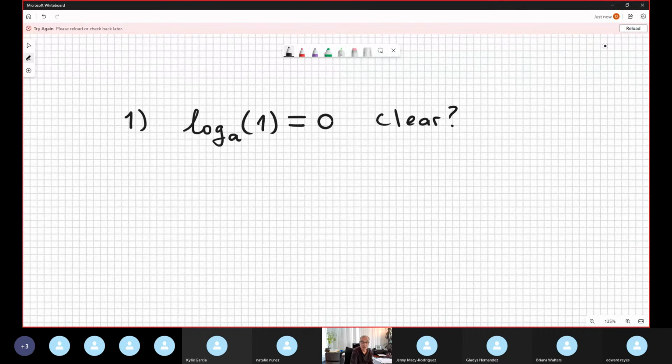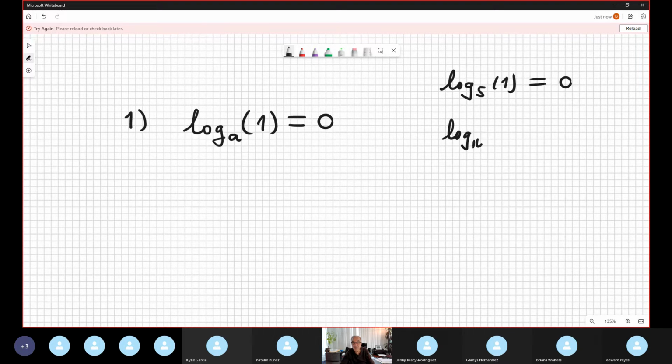Okay, we studied the complementary properties for the logarithmic. The first complementary property you need to know almost by memory: the logarithm of any base of 1 is 0. So logarithm base 5 of 1 is 0.